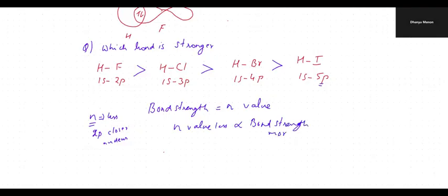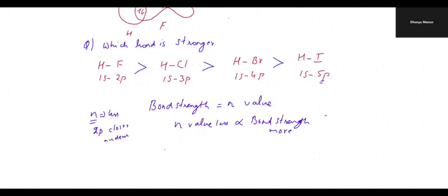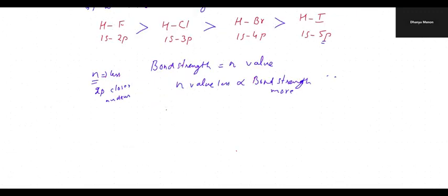If bond strength is more, what about the bond length? Bond length will be lesser. So bond strength is inversely proportional to bond length.